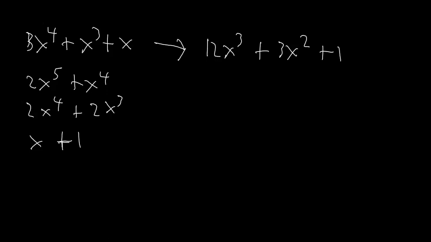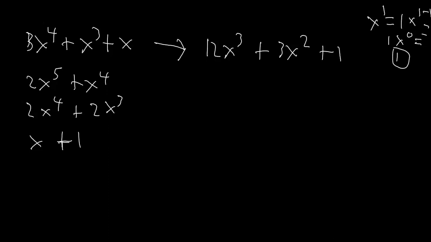And why does x become 1? Well, we know that it's x to the first power technically, right? Which is then equal to 1 times x to the 1 minus 1, which is then just equal to 1 times x to the 0. x to the 0 is just 1, so that's why it's just 1.